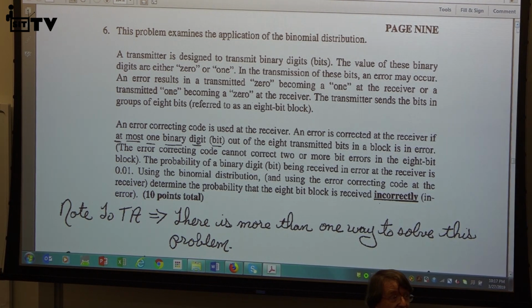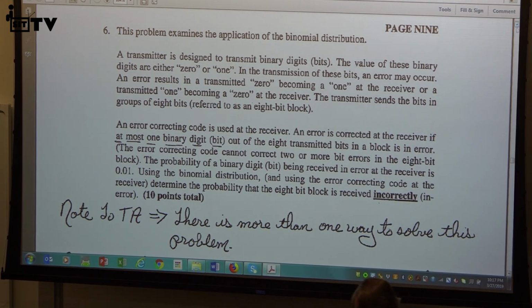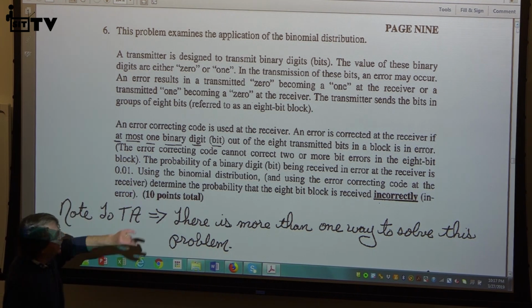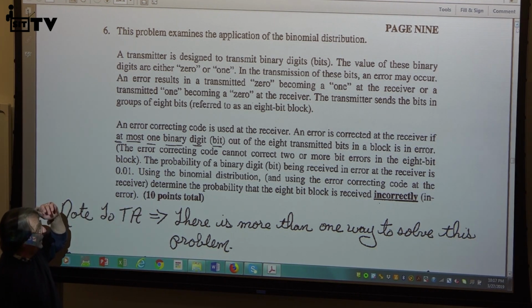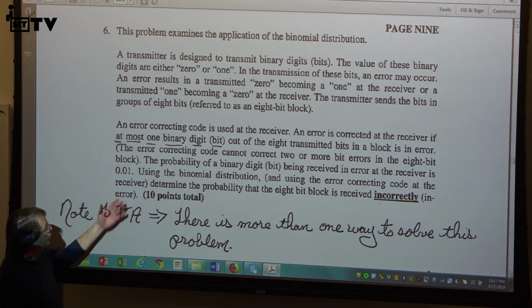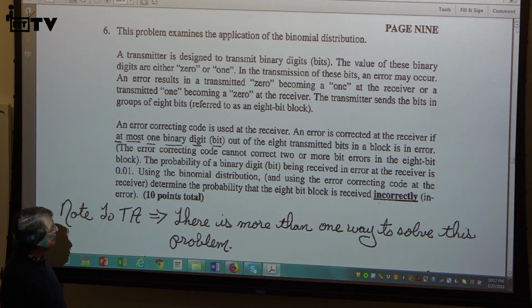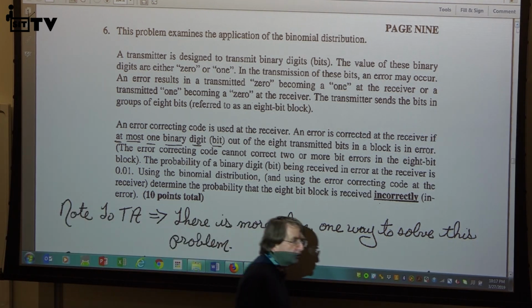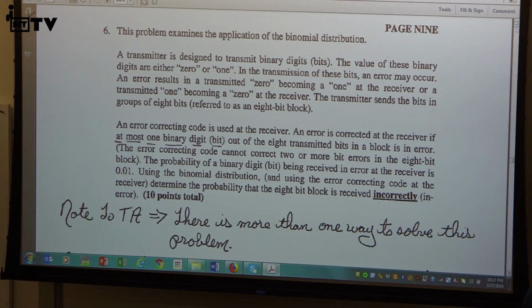The receiver can fix it. So the probability of a binary digit or a bit being received in error is 0.01. Using the binomial distribution, determine the probability the 8-bit block is received incorrectly.